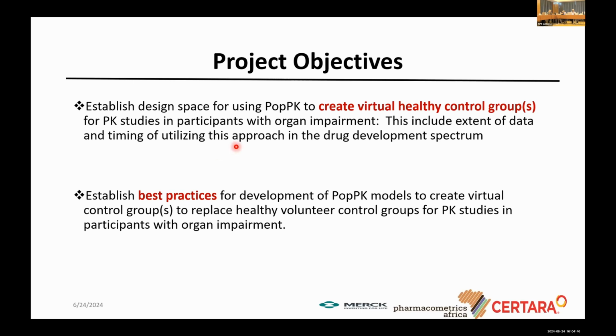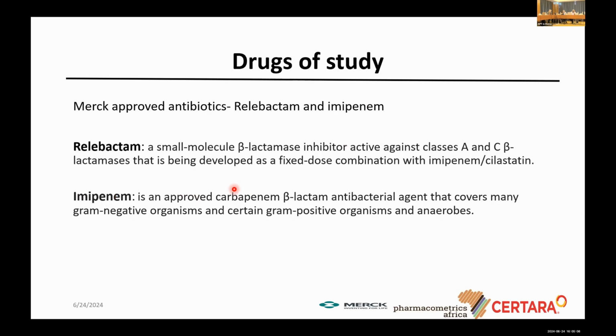This should include the extent of the data and timing of utilizing this approach in the drug development spectrum. And our second objective is to establish the best practices for development of PK models to create virtual control groups to replace healthy volunteer control groups for PK studies in participants with organ impairment.